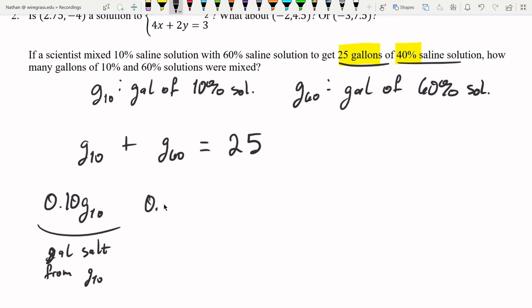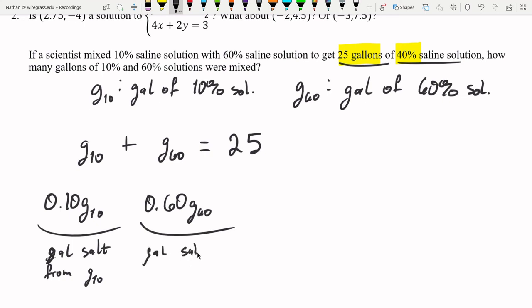Likewise, if I mix the 60% solution times G60. So for instance, if I had 10 gallons of G60, then 6 gallons of it is going to be salt. That's a very simplistic way of thinking about it.